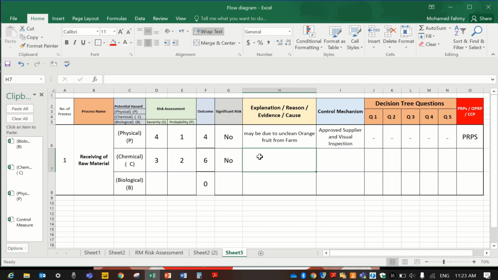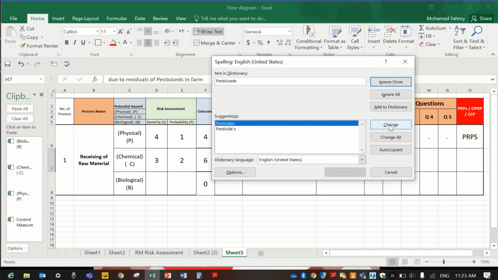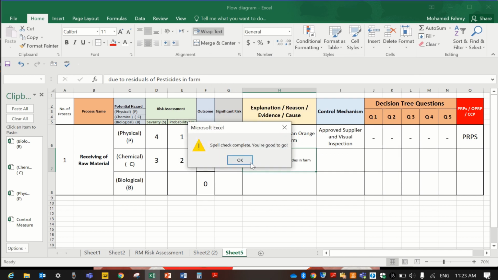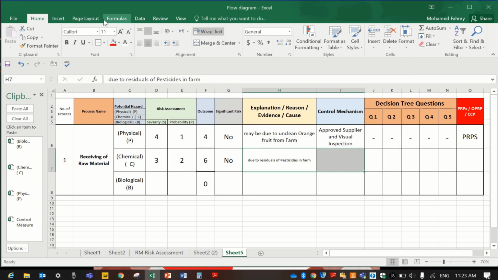Here will be the explanation why it is severity 3 and probability 2, maybe due to residuals of pesticides on the farm. The spelling of pesticides is not correct, thanks.